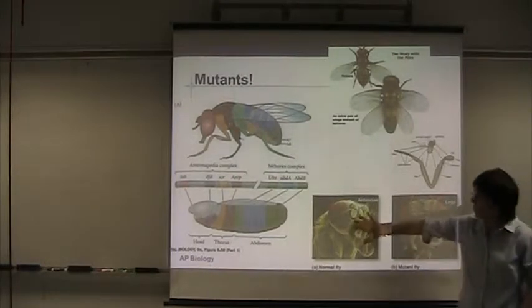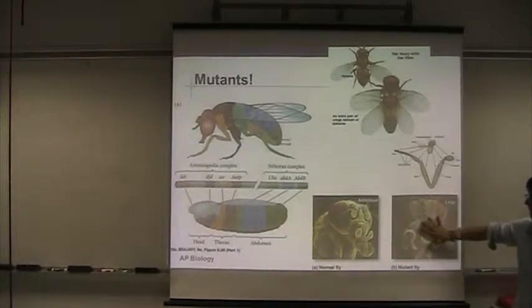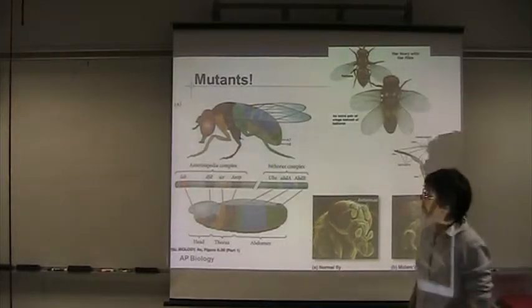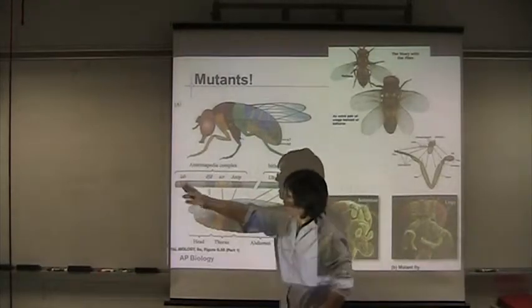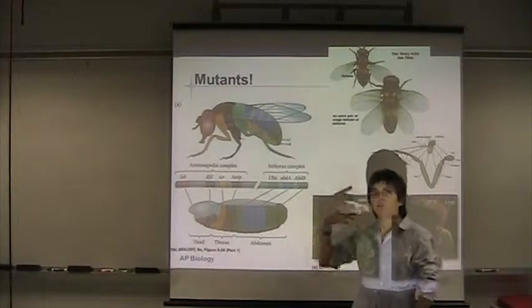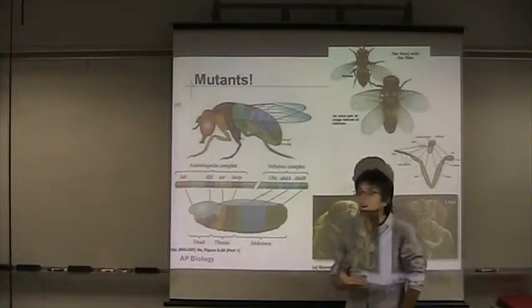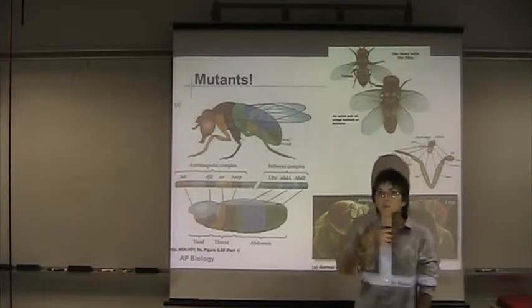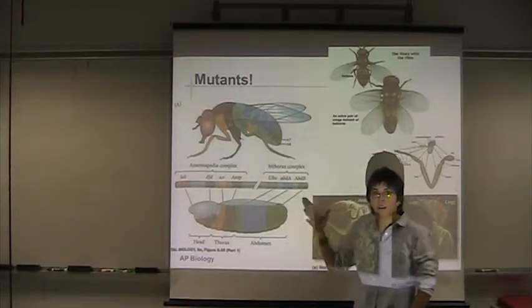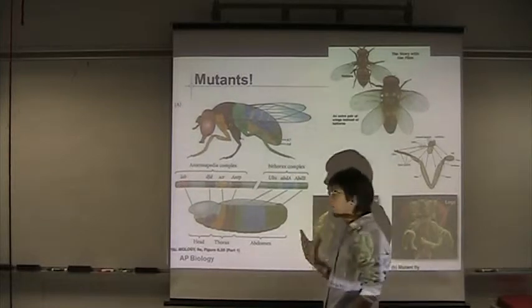I showed you already the picture of the fly with the antenna and the legs, changing the master regulatory gene. And here, just so you become familiar with this, remember, I'm exposing you to these things. I need you to understand how it works. I don't expect you to be able to explain it because even us scientists are still kind of not sure how everything works.